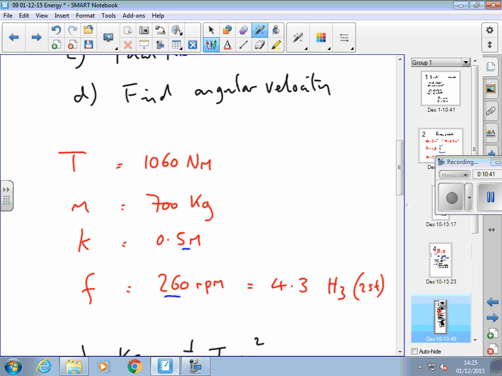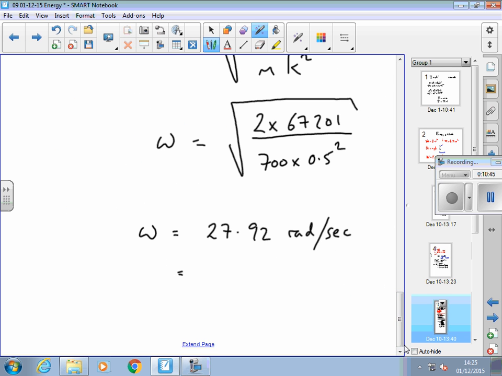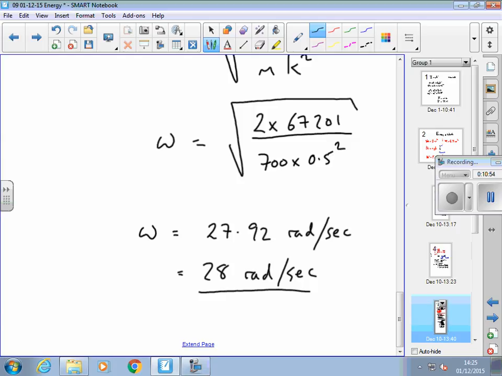So I'd probably round this to at most 2 significant figures. So if I rounded that to 2 significant figures, I'd call it 28 radians per second, and I wouldn't mind betting that whatever values you use, if you round it to 2 significant figures, we're all going to get the same answer. So that's where the accuracy comes in again. So about 28 radians per second will be the final angular velocity.